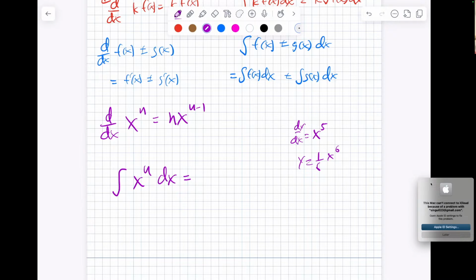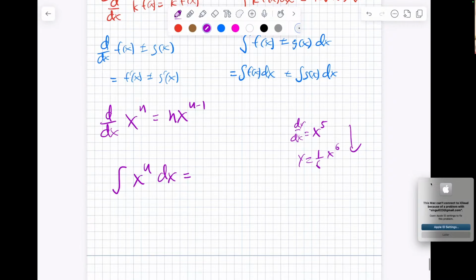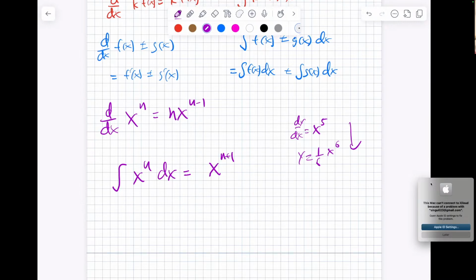Because if you take a derivative of x to the 6, the 6 comes down, the 6 and 1/6 cancel out, and the 6 minus 1 becomes a 5. So can we use this to create a rule for x to the n? So what will be x to the what? n plus 1 over what? Don't forget the plus c.